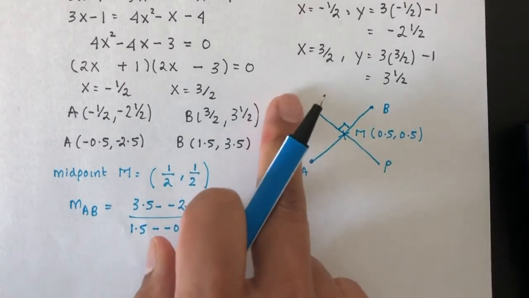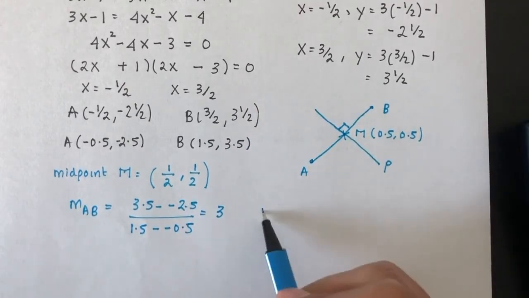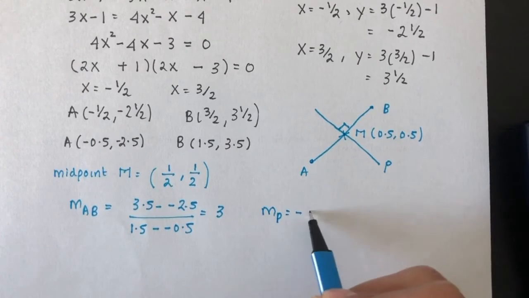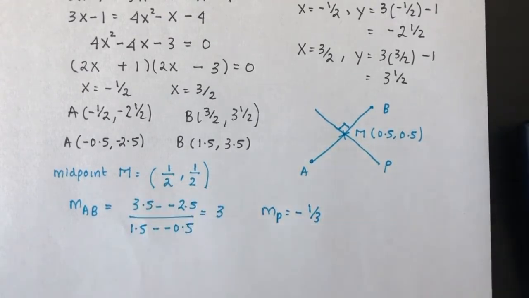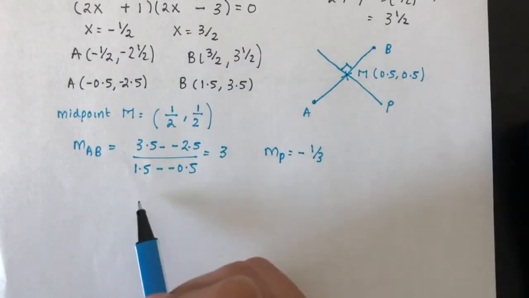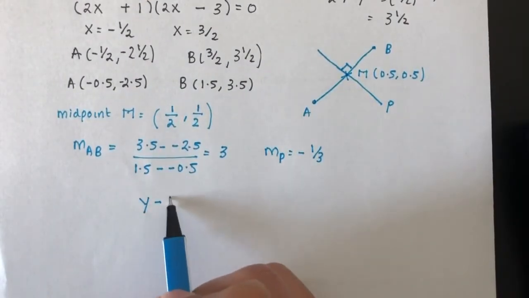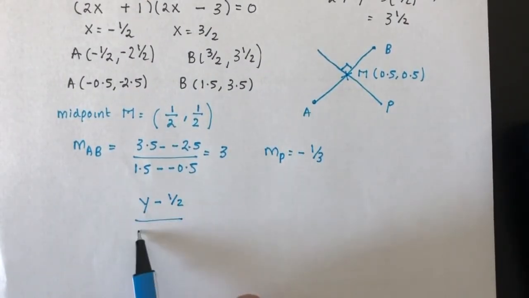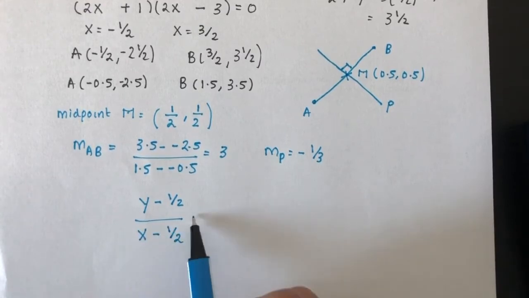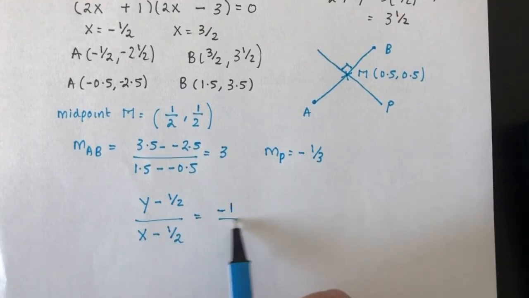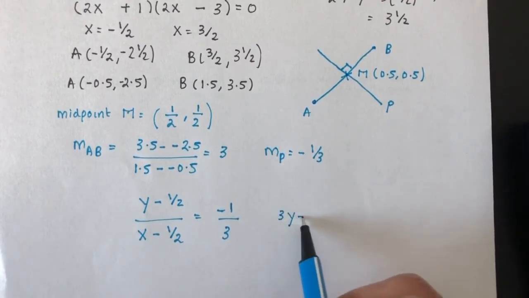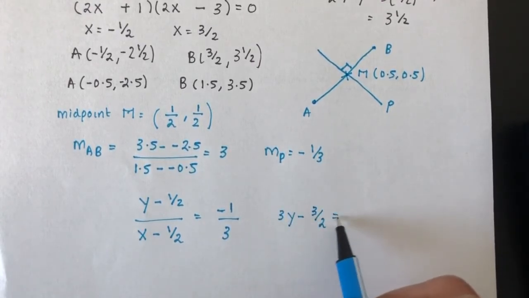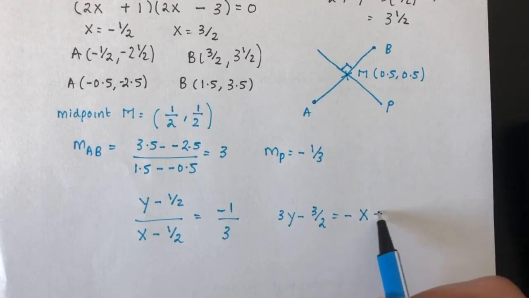Since this line is perpendicular to this, the gradient of P is minus 1 over 3. Now since we know the gradient and we know the passing point, we can find the equation. Pretty easily, that is y minus half over x minus half is equal to minus 1 over 3. So cross multiply, you will have 3y minus 3 over 2 equals minus x plus half.